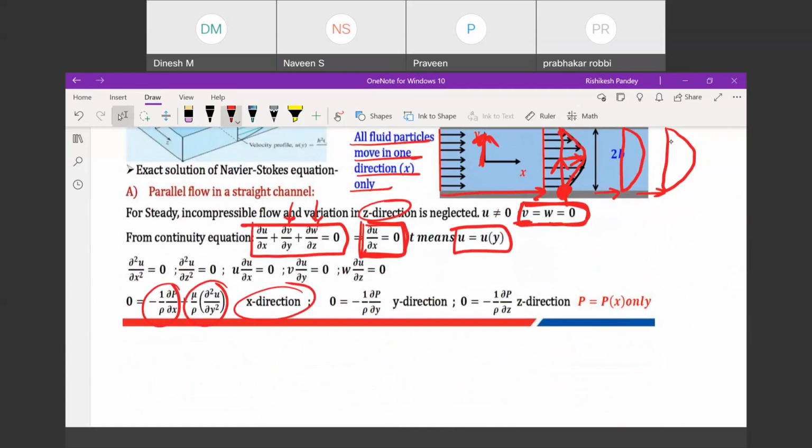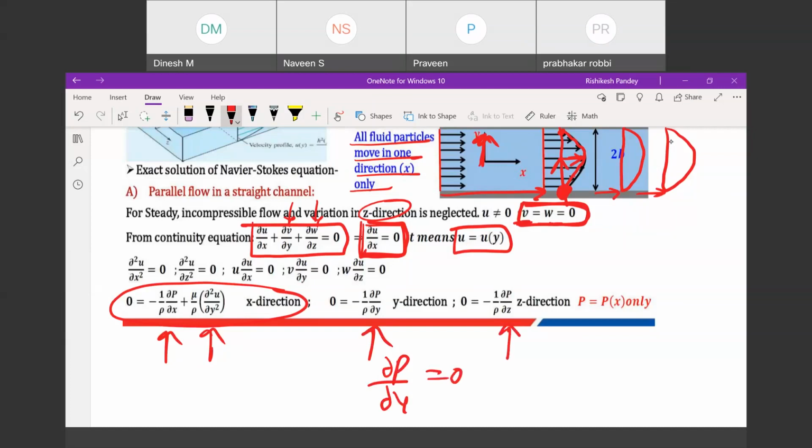Now in x direction, two terms are there, force due to pressure and viscosity. Y direction only pressure term, z direction only pressure term. Now ∂p/∂y is 0, that means pressure is not varying in y direction.